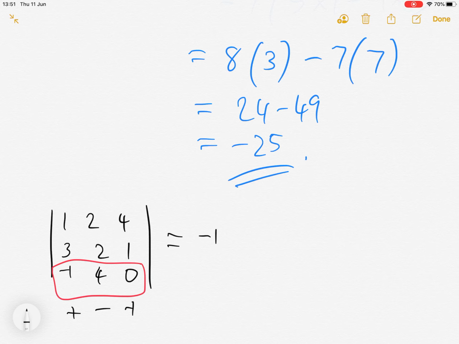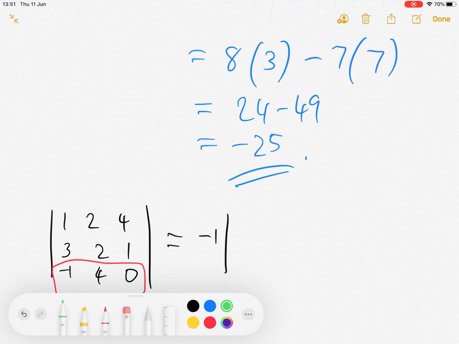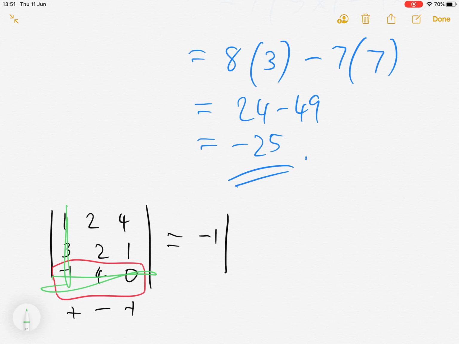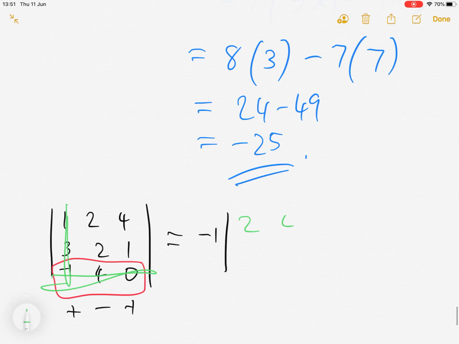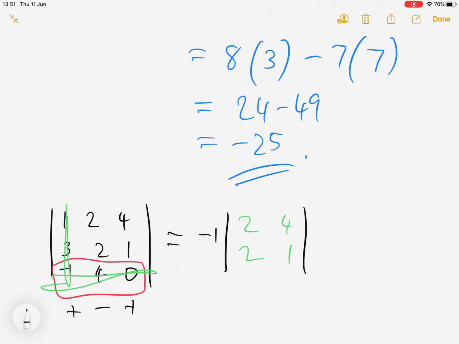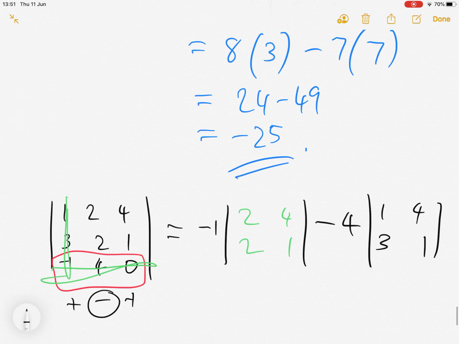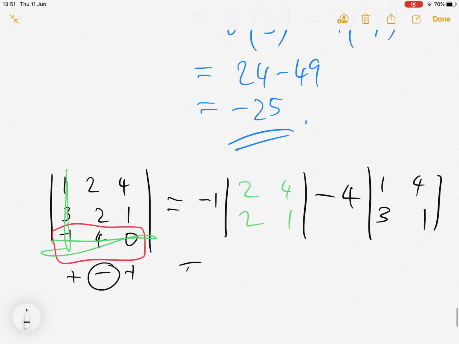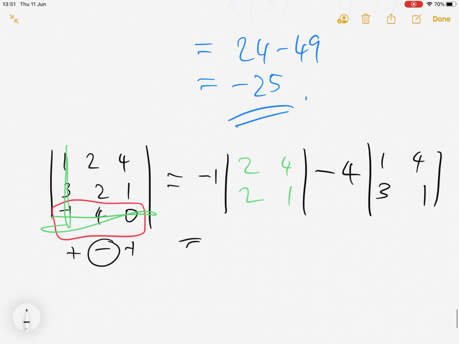So plus minus 1 times the determinant made up by covering up these two, we get the determinant of 2, 4, 2, 1. And then minus, because it's a minus here, 4, that's the entry, times the determinant of 1, 4, 3, 1. And then plus 0 times something, well, we can ignore that because it's 0.